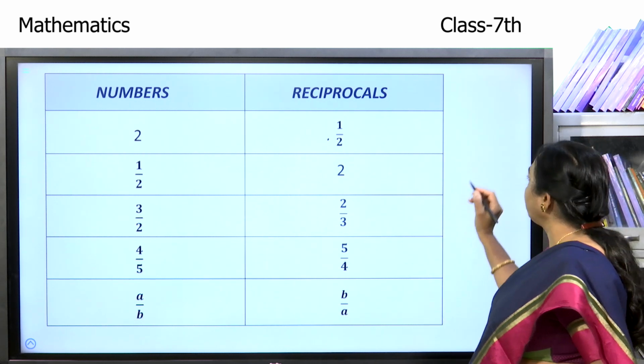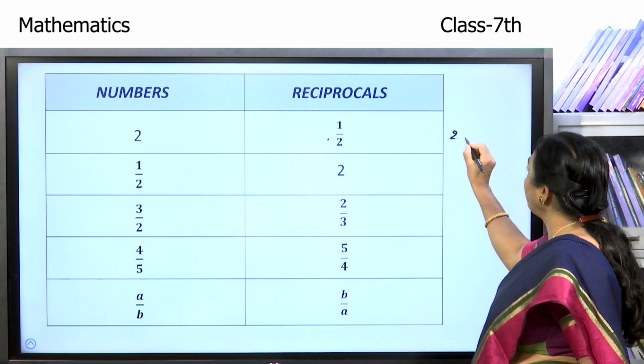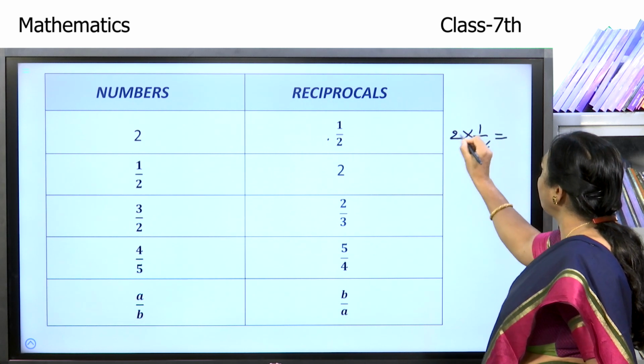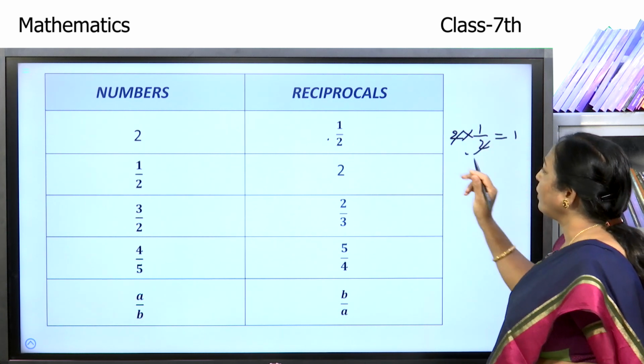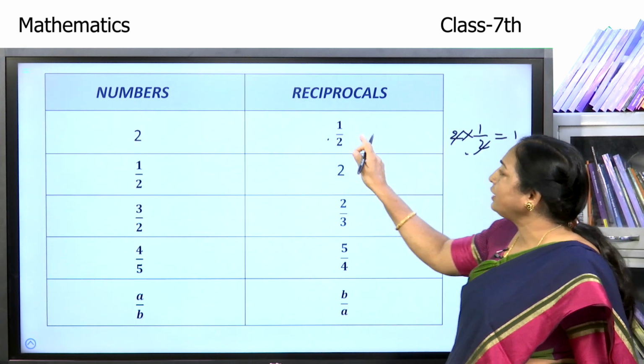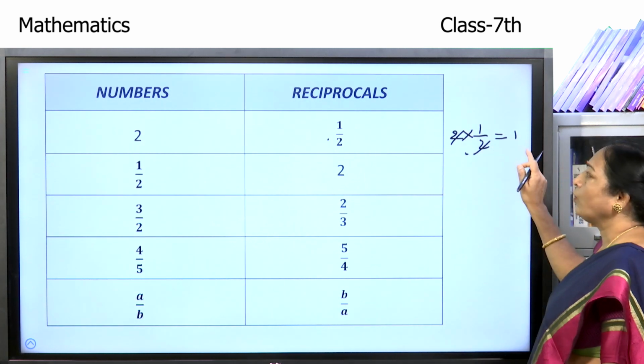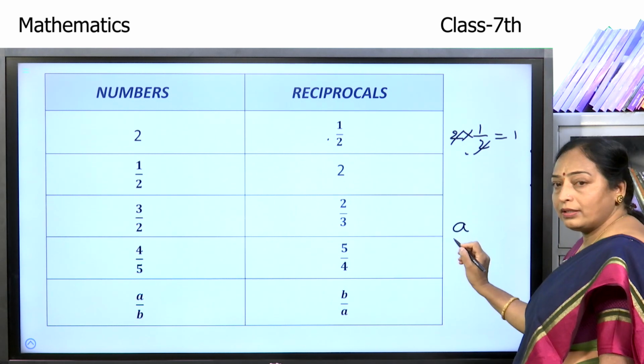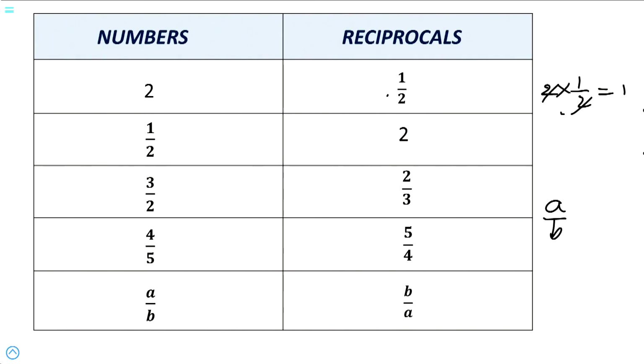For example, if you multiply 2 by 1 by 2, we get 1. We know, children, the product of any number and its reciprocal is always 1. Therefore, if you multiply a by b by b by a, we get 1.